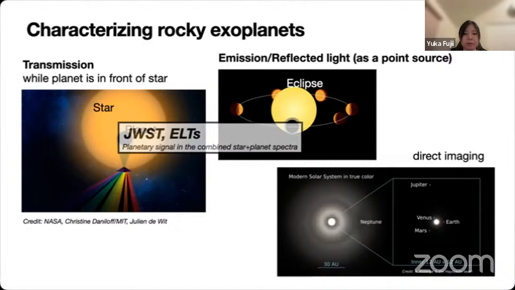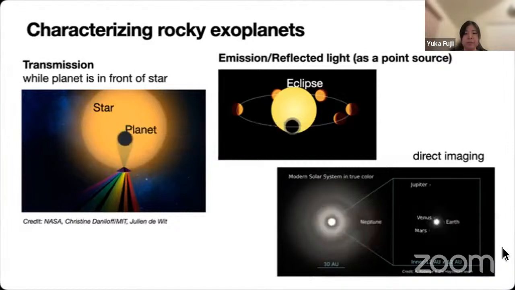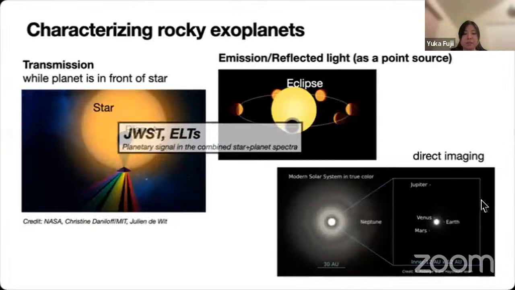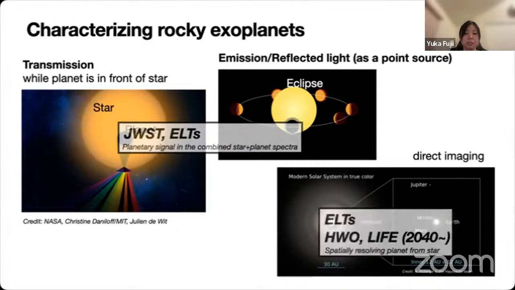On the other hand, direct imaging can in principle characterize planets in a wider parameter space. While direct imaging has been successful for larger, very luminous gaseous planets, direct imaging of rocky planets will be the main scope of future telescopes, including ELTs and also space-based proposed missions, Habitable Worlds Observatory, or the LIFE mission.